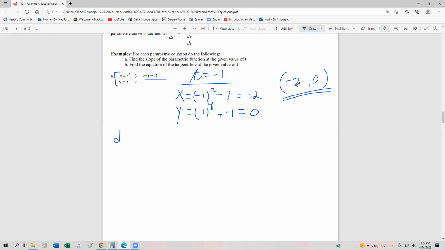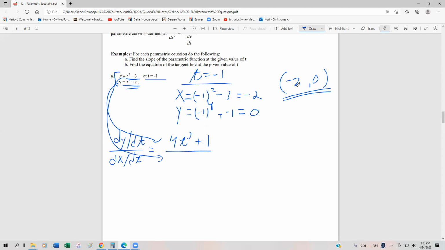Now we're going to find dy/dt over dx/dt, and that's going to give us the slope. So for dy/dt, we're just going to take the derivative with respect to t, and that's going to be 4t cubed plus 1. And then we're going to take the derivative of x with respect to t, and that's just going to be 2t.